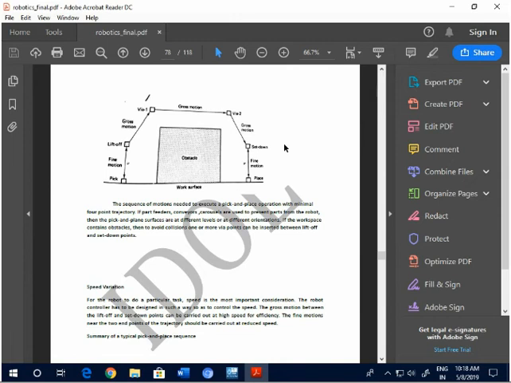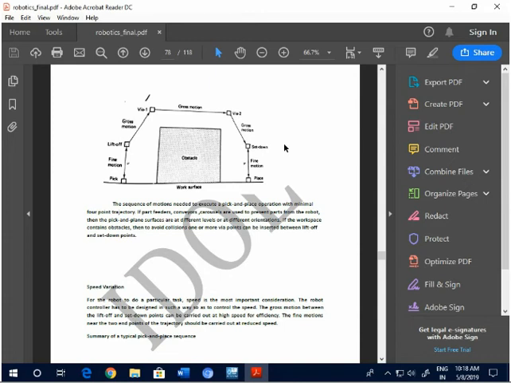So workspace envelope is nothing but the locus. Okay, the locus of all points, now see, if it is moving from this end to this end freely, so the locus of all the points tracked by the tip of the end effector or the tool gripper in the 3-dimensional Euclidean space forms the boundary of the workspace.